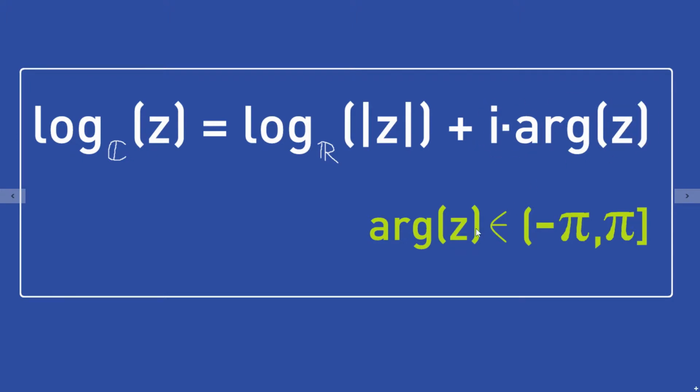And we want this angle, or the argument of z, to be in this interval here, so between minus pi and pi again. This is very important. So this condition here is important. Let's do some calculations now.